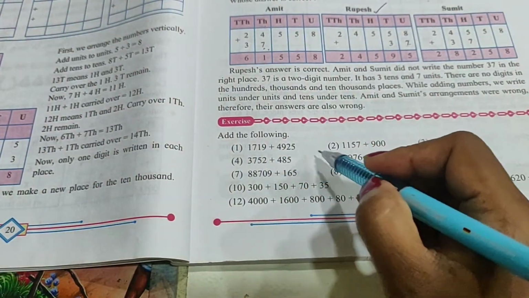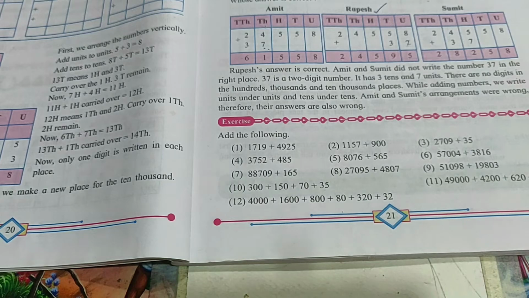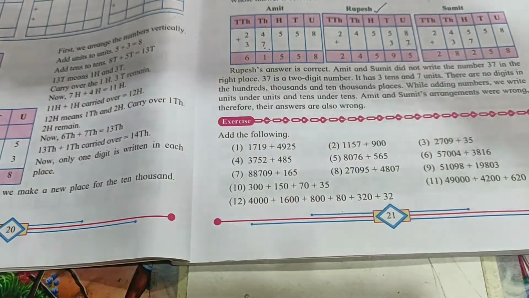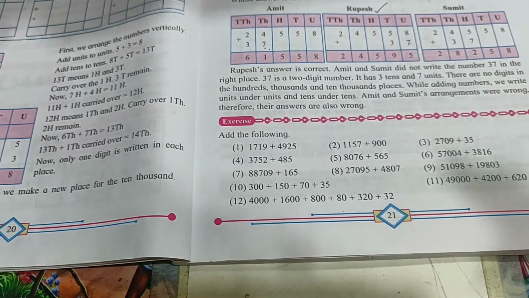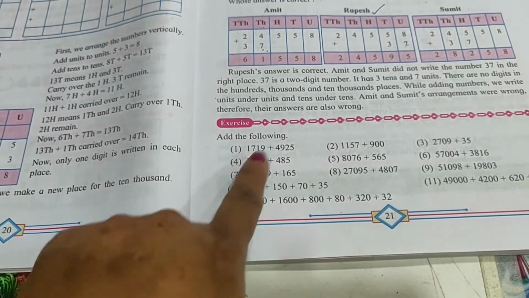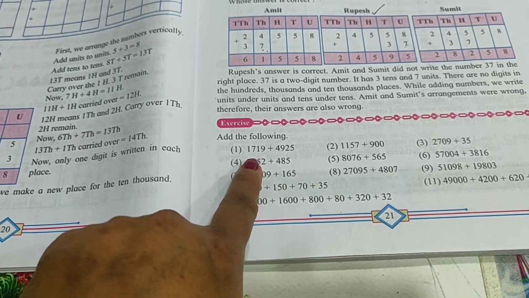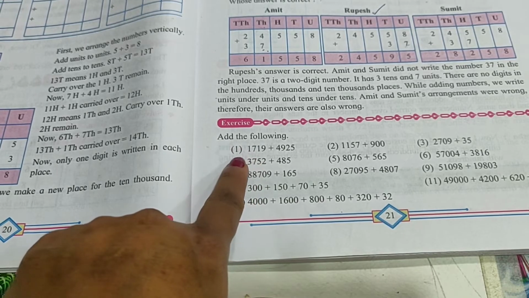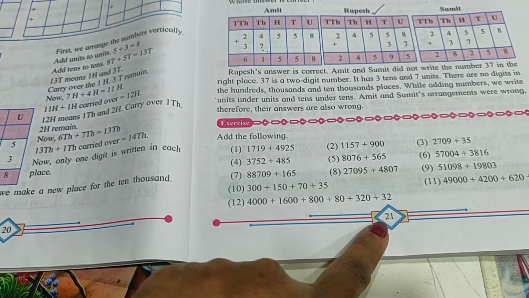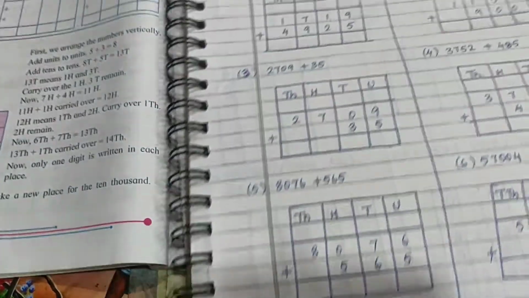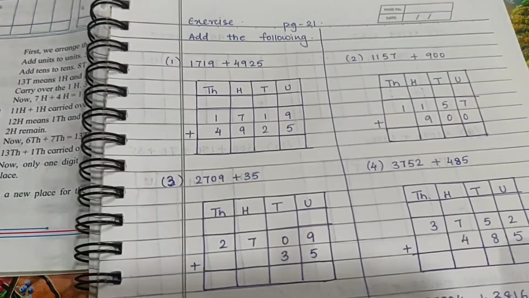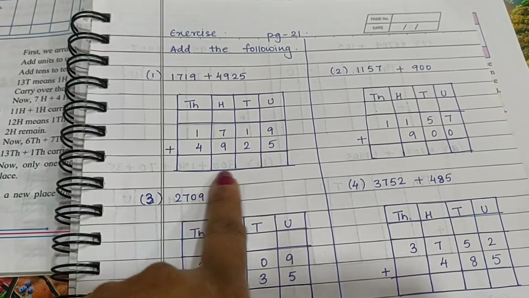Now add the following at page number 21. Similarly, sorry children, similarly I have arranged, see, all the sums.